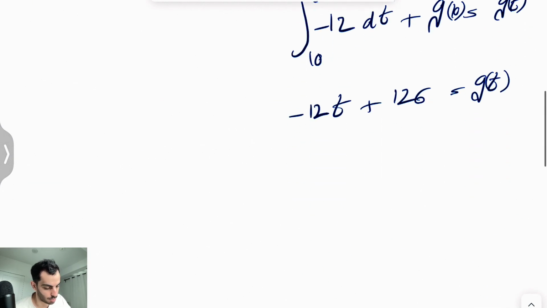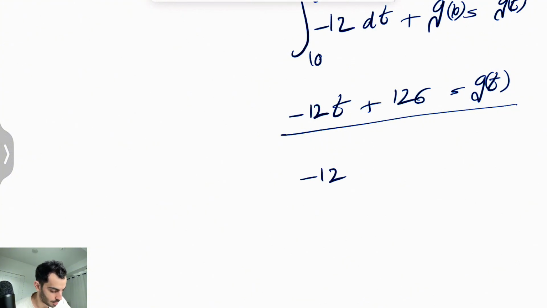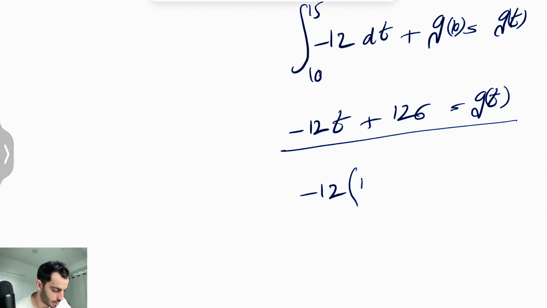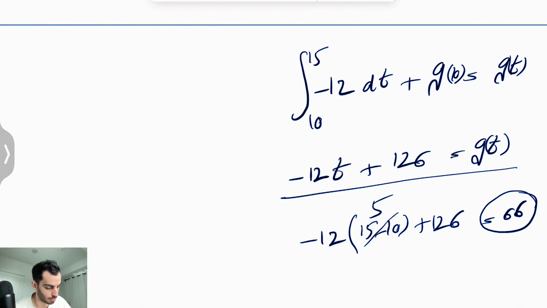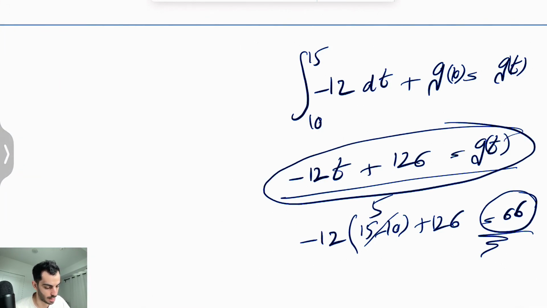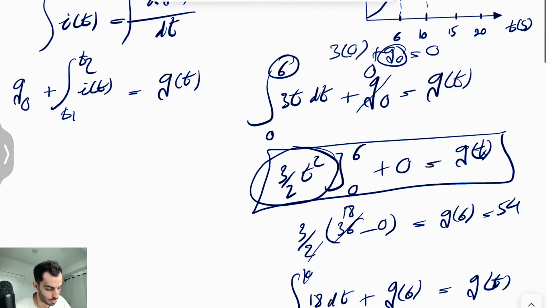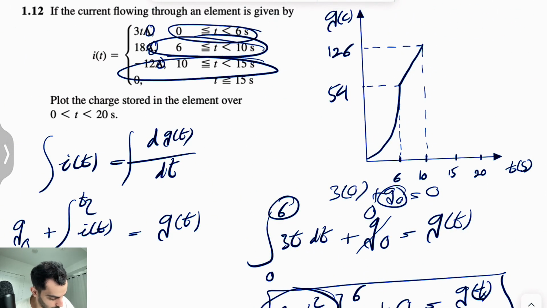We just have to plot this: minus 12 times 15 minus 10 plus 126. Let's see what we get. Minus 12 times 5, so this is going to be 66. As I mentioned, we're going to get to this point, 66, and we have a negative slope moving on to 66, somewhere in here.